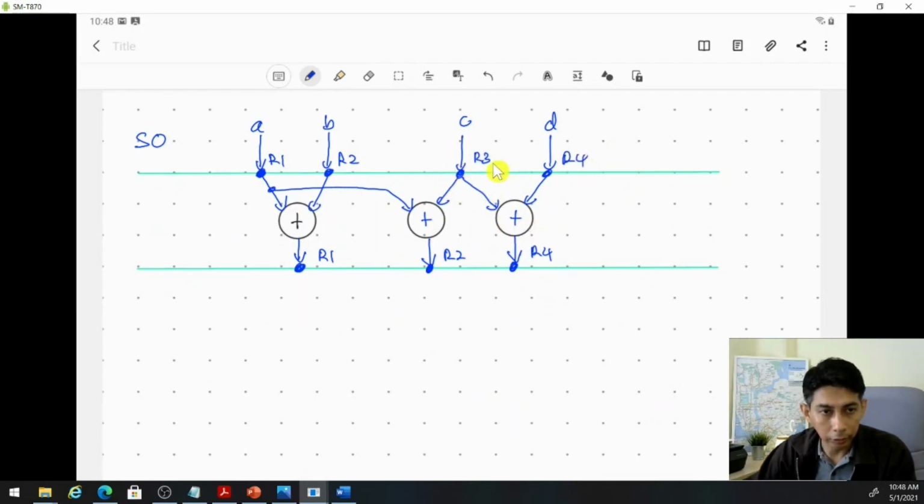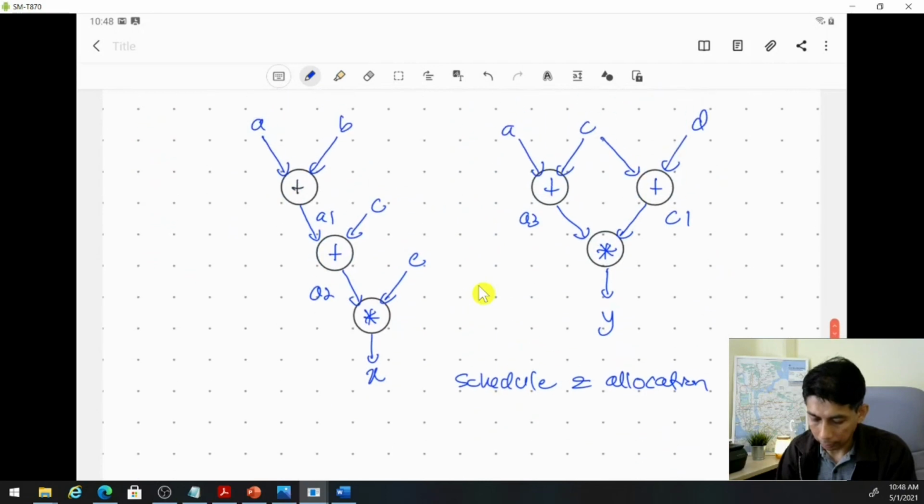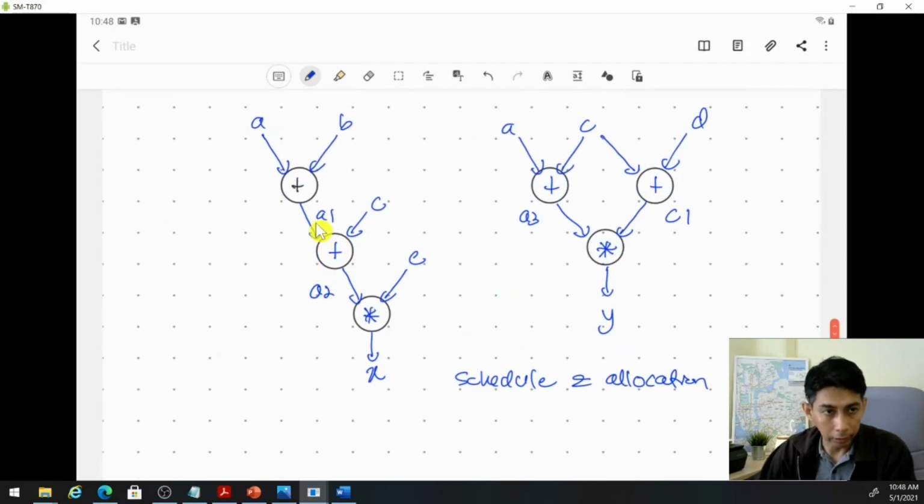So now C is used in the next operation here, which is this one, A1 plus, again, so we have plus.